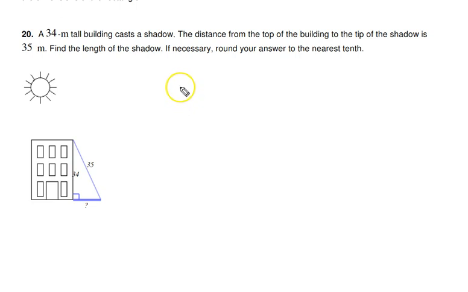So, again, we don't know what the short leg is, and that's what we want to find out. So this is going to be x squared plus 34 squared equals 35 squared. Got carried away with my squared sign there.